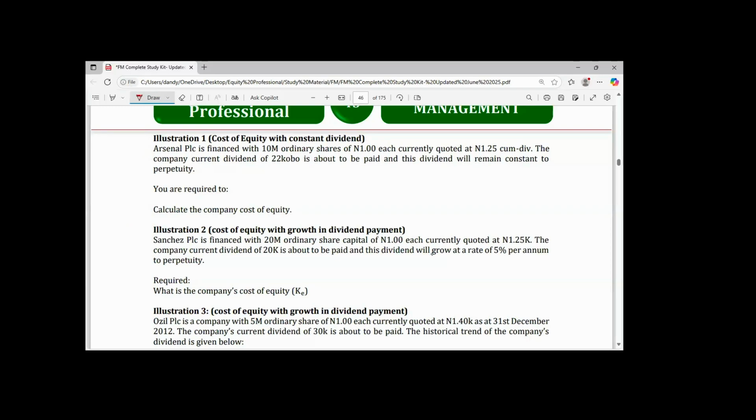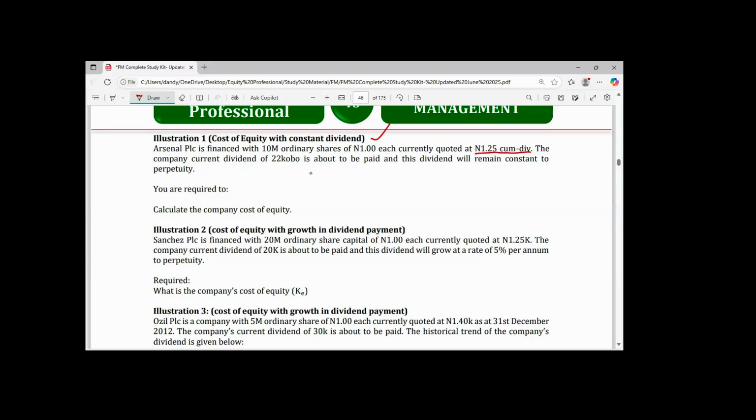So now, let's start with illustration number 1. These are just short examples though. Arsenal PLC is financed with 10 million ordinary shares of 1 naira each, currently quoted at 1 naira 25 kobo cum-div. You recall what I mentioned earlier about cum-div and ex-div.